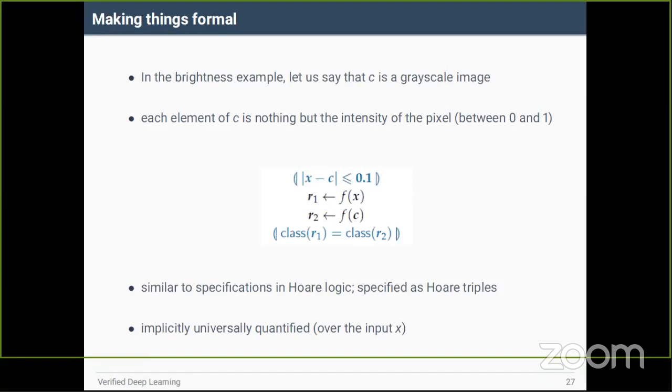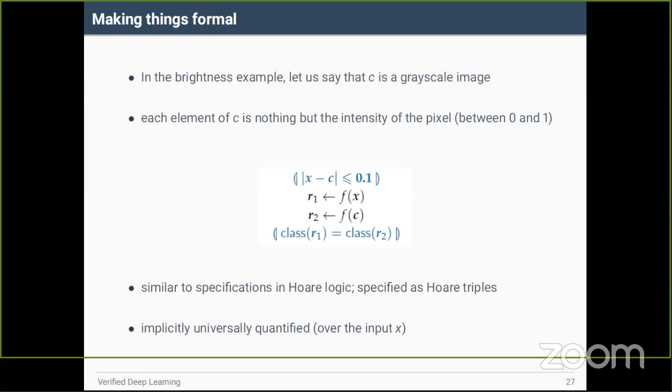Okay. So let's take this brightness example, and let's assume that the image is a grayscale image, by which I mean that every element of that image is nothing but the intensity of a pixel between 0 and 1. If it's towards 1, it is dark, and if it is towards 0, it is bright.